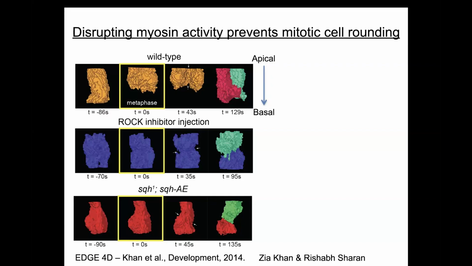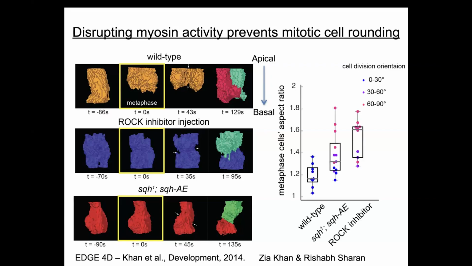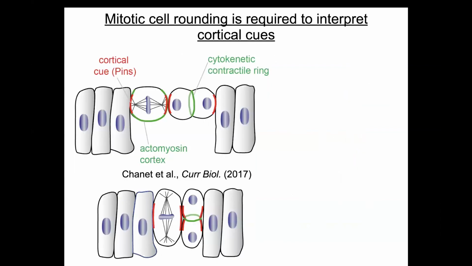This is just showing you how the aspect ratio is increased when you don't have the mitotic rounding at the time of metaphase. So it appears that here, the cell shape, the long axis rule, is overriding the Pins cue. All right, so the conclusion here is that mitotic cell rounding is required for these cells to actually interpret a signal that's telling them in which axis to divide.